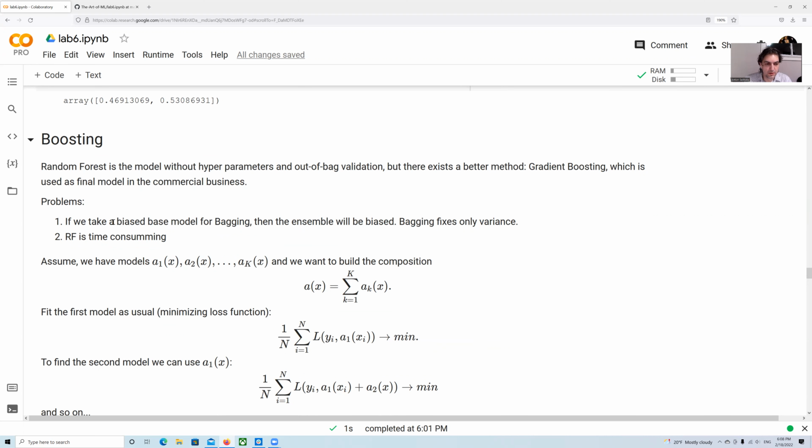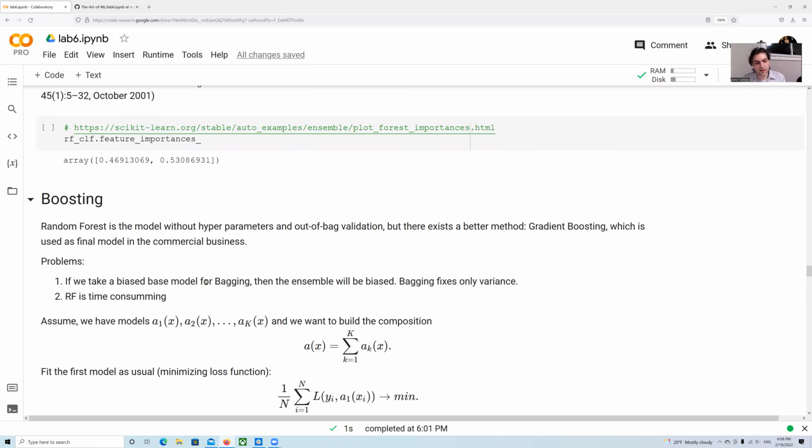But a more important problem is that if we choose a not very good basic model and then do the aggregation of these models, and one basic model has a large bias, then, you remember, aggregation can reduce variance, but it can't reduce bias. Like if we take many linear regressions for a sinusoid, we will never approximate it with lines.